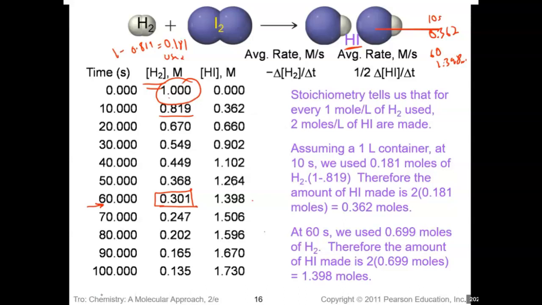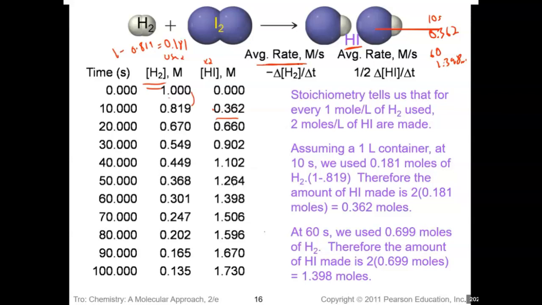What you do is you put this in a spreadsheet and you calculate one and you just drag it down on Excel, which we'll be using later in the semester. Okay, so that's how I got all these numbers. So here's that 0.362. Again, I just subtracted these and then I multiplied it by 2 because for HI I have to multiply by 2 to get the concentrations. Okay, so that's just the concentrations of HI.